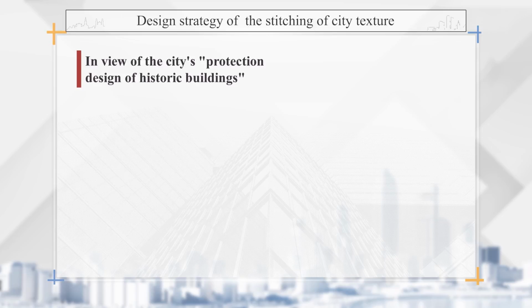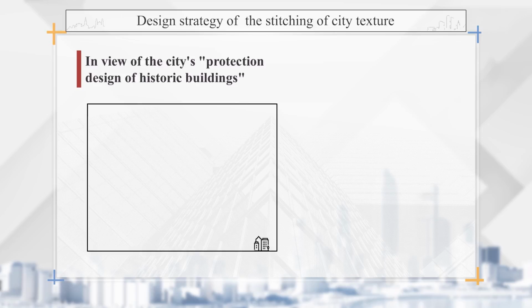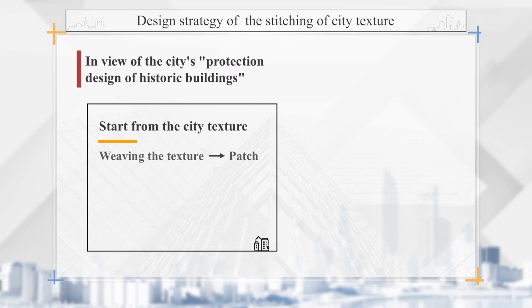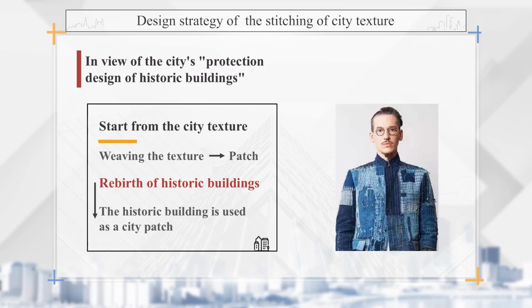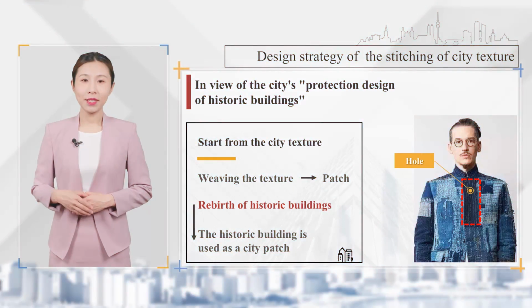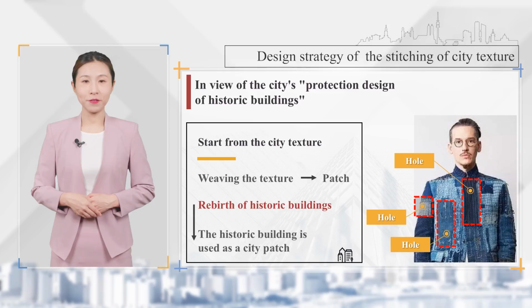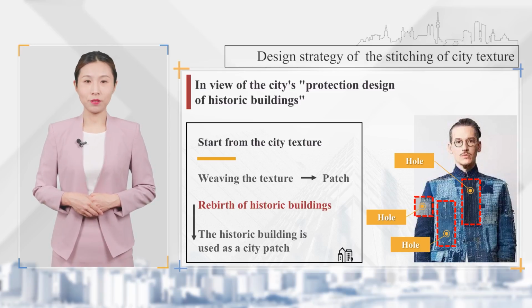So when we want to carry out the historic building protection design in the city level, it should start from the city texture. The design of preservation and reuse of historic buildings should play a role in viewing the texture of a city. Let's take a common example of life. This picture is a denim with a pattern texture.